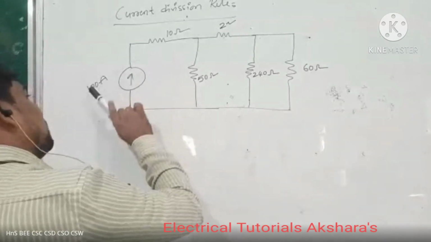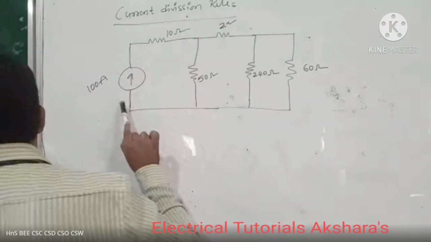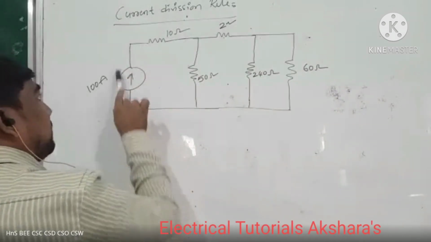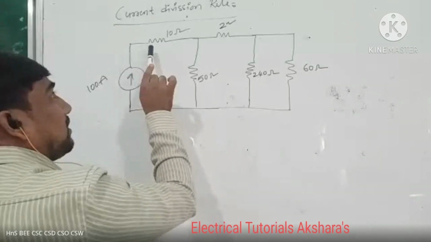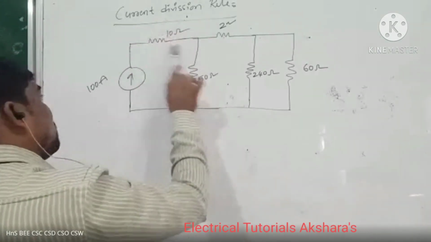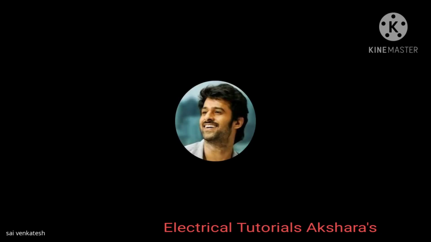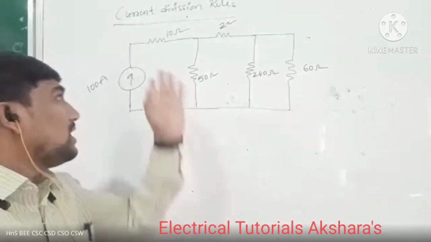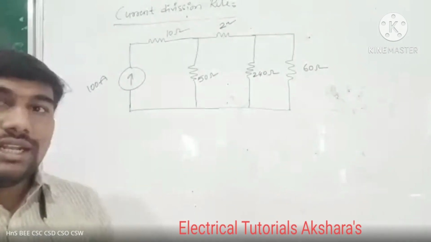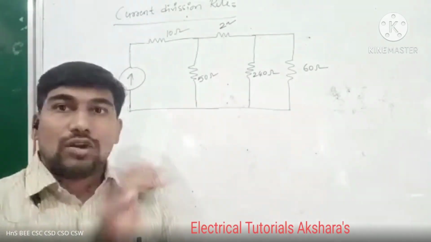Why? Because these two are in series connection. So what is the current across 10 ohms? Directly I am writing 100 amperes. No need to find the current across the 10 ohm resistance.